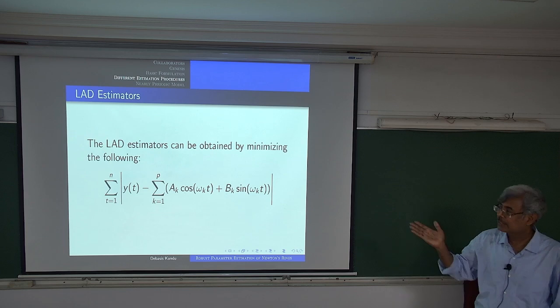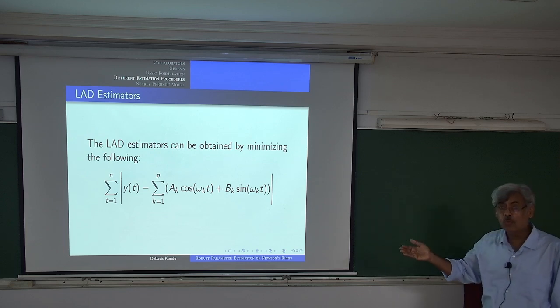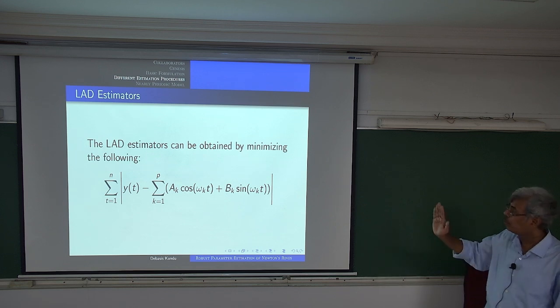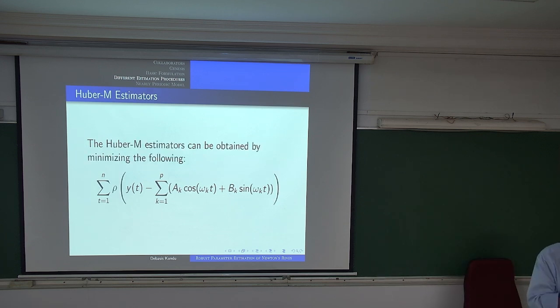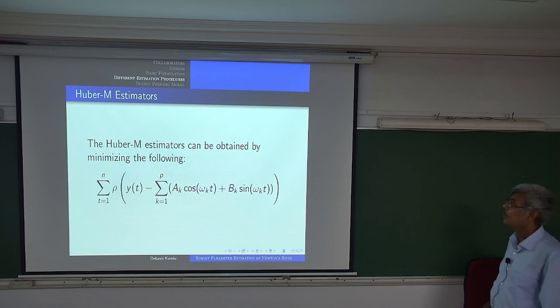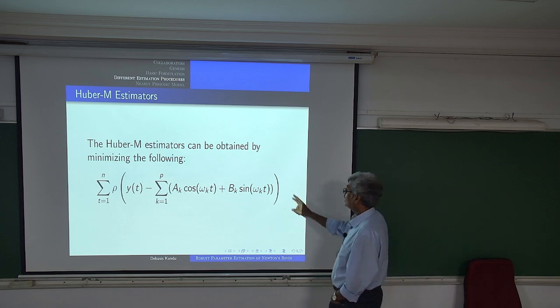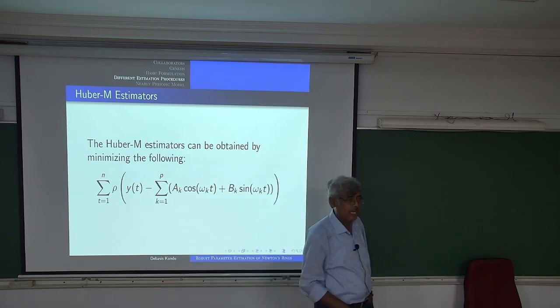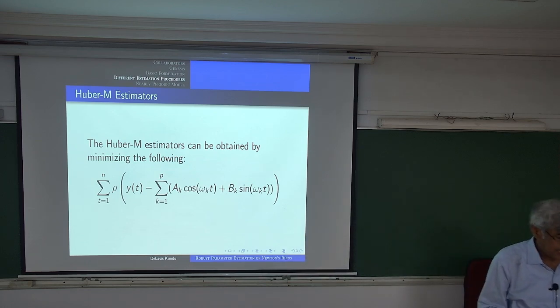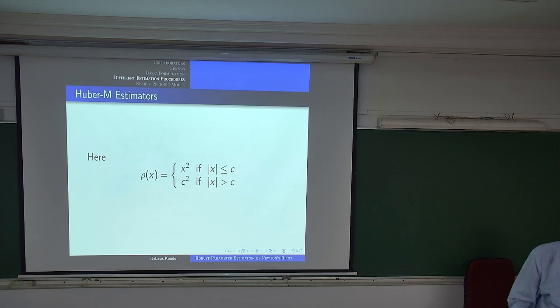Yes, they are robust, but it is a much more difficult problem to solve. Same thing with the Huber M estimator. Instead of the square, you are looking at some other loss function, which is rho of that quantity, and which is basically of this form.